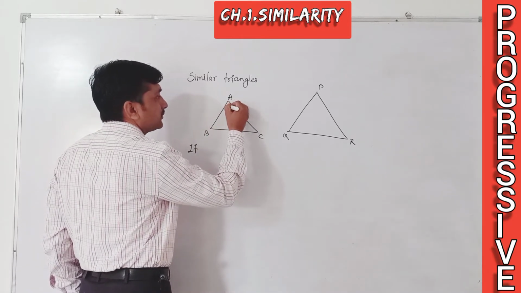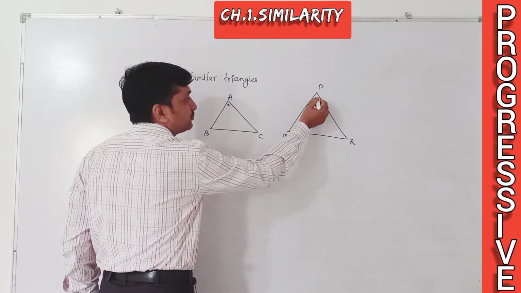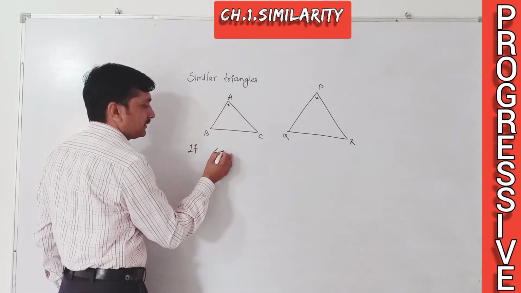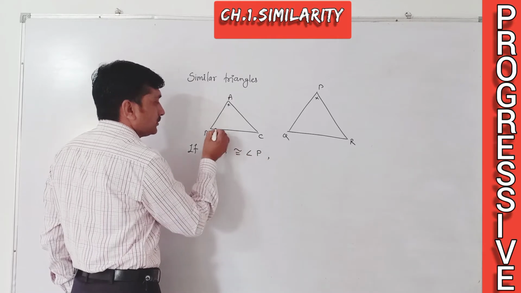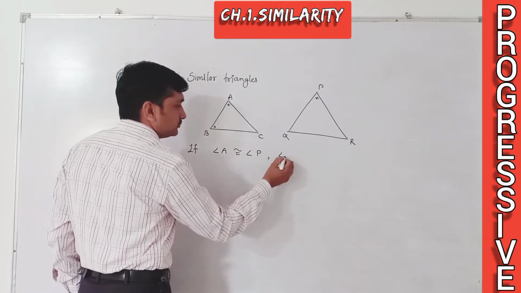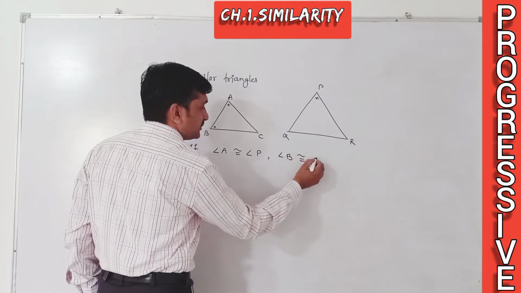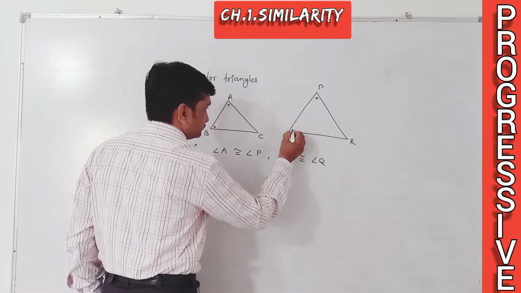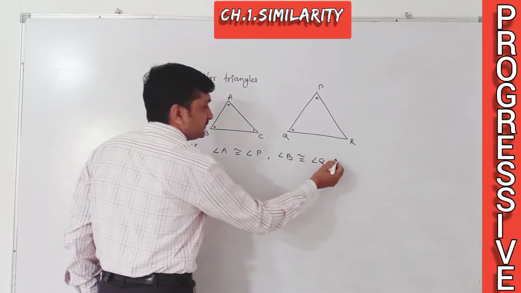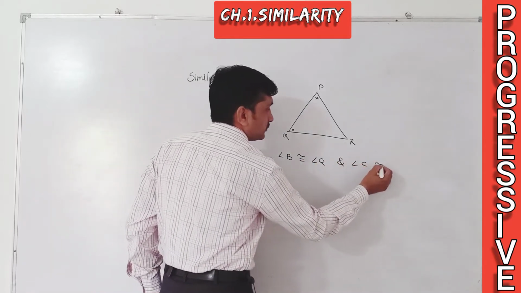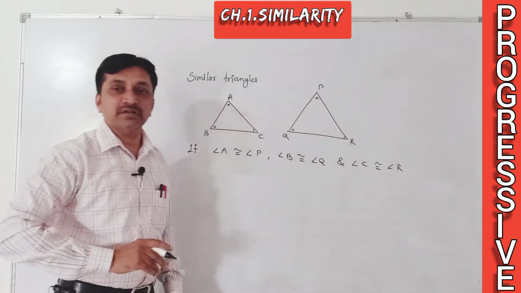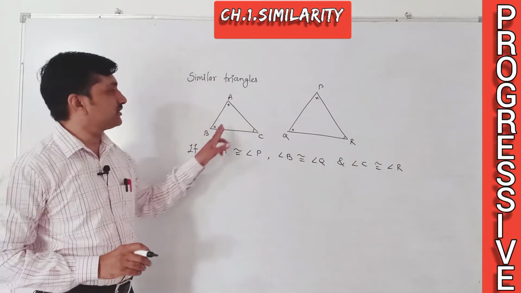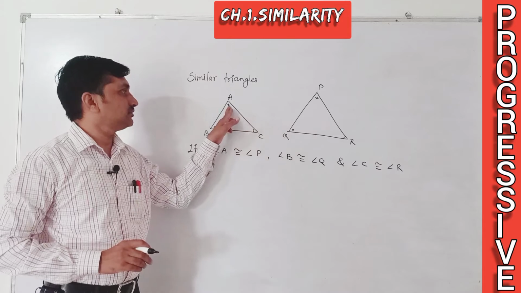Angle A is congruent with angle P, angle B is congruent with angle Q, and angle C is congruent with angle R.